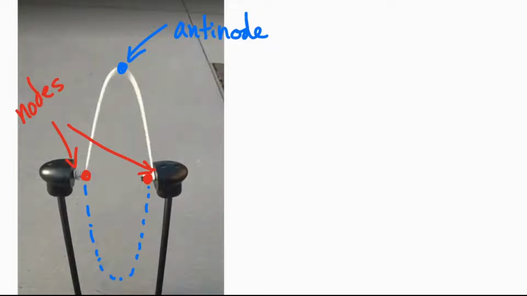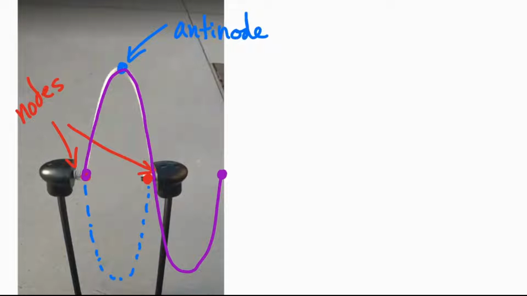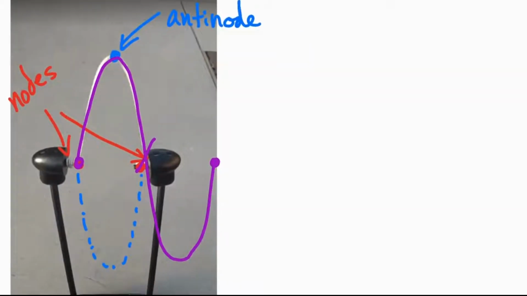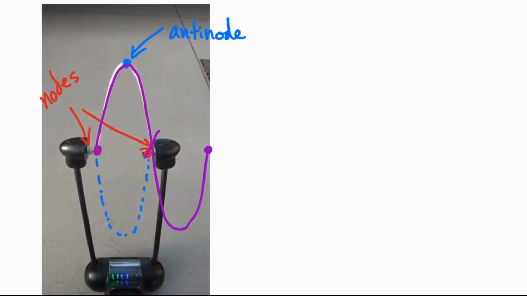And so I need to figure out how much of a wave this is. Well, if I start here and I draw one wavelength, it'll look something like this, which means that when I get to this point here, that is half of a wave. So from here to there is half of a wavelength.